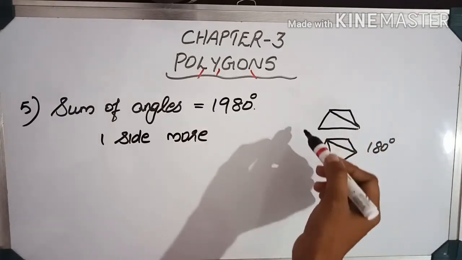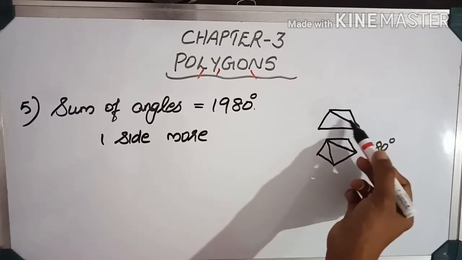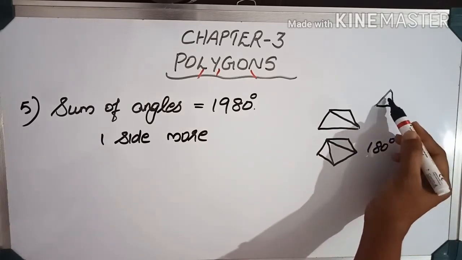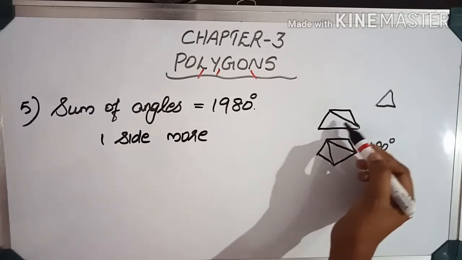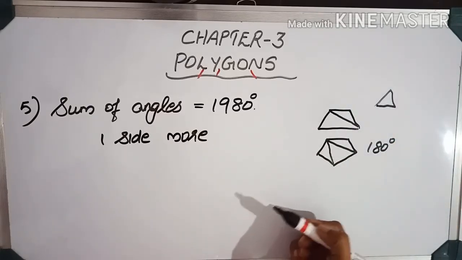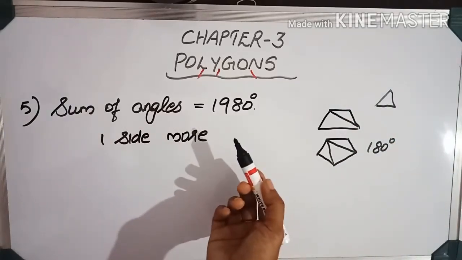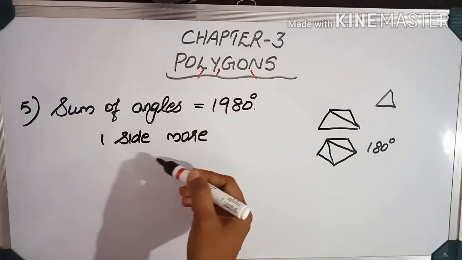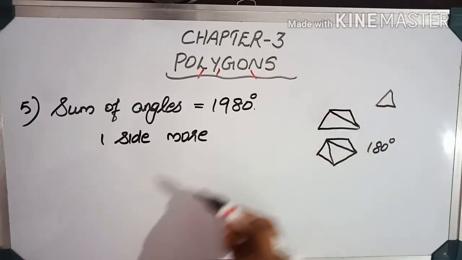If it is decreasing, for example if it is 3 sides, the number of triangles is only 1. So side increasing means 180 degrees increasing, and side decreasing means 180 degrees decreasing.